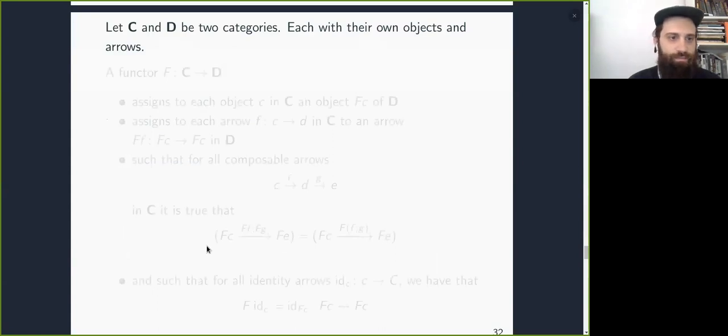So this is maybe a little bit more clear. If we start with two categories, I'll call them C and D, they each have their own objects and their own arrows.